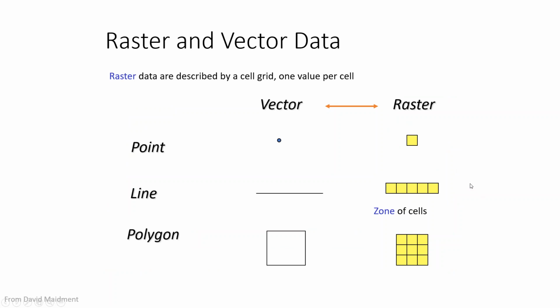There's also raster data, and raster data is represented in terms of typically grid cells that may be square, sometimes rectangular, and polygon can be represented as a zone of grid cells. A line can be represented as a sequence of grid cells, and a point as a single grid cell.